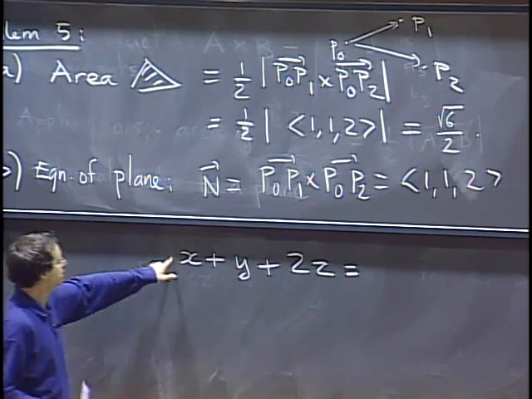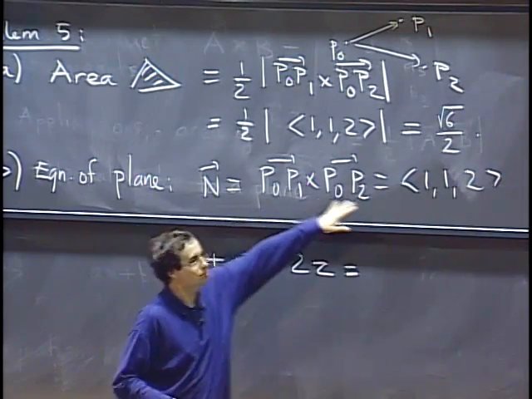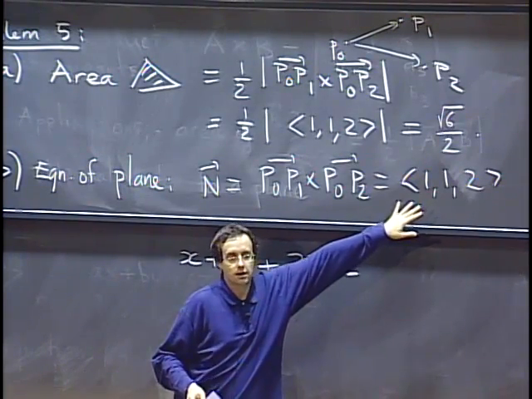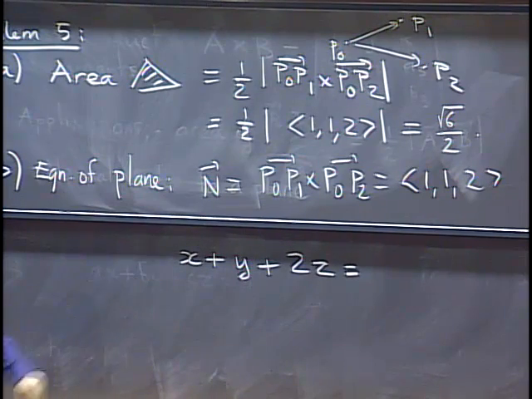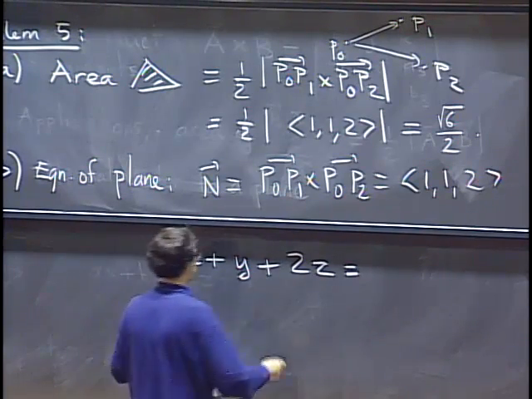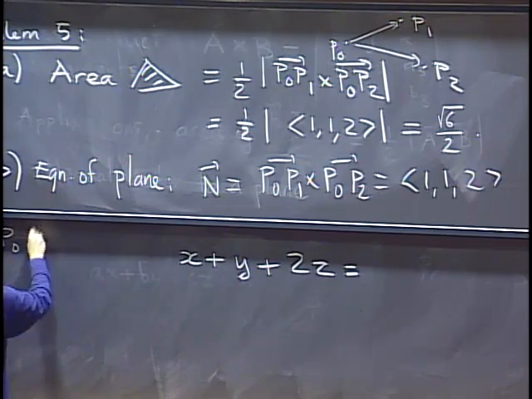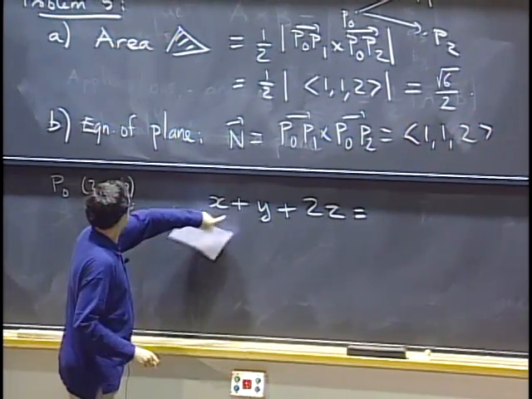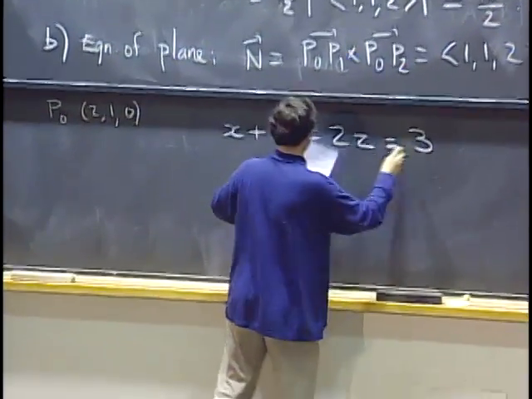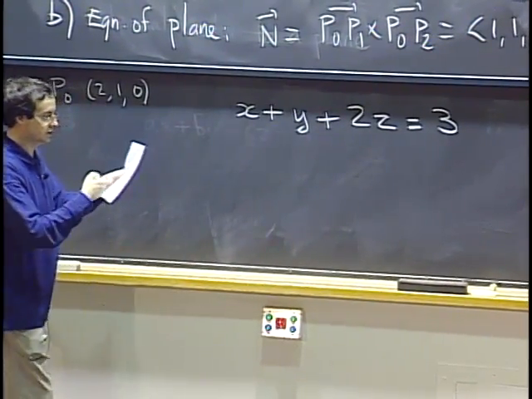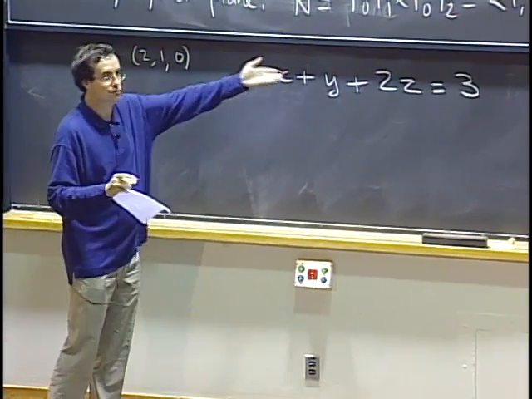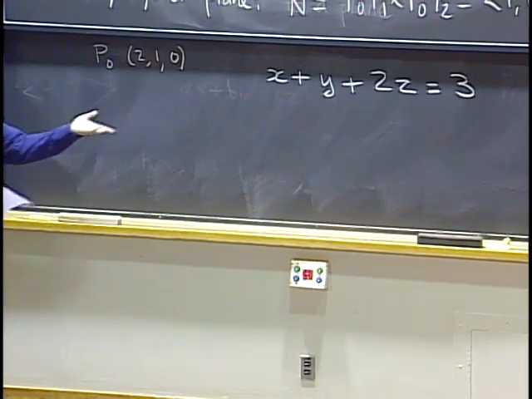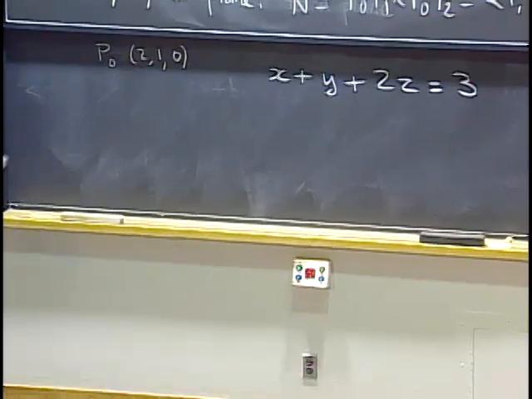The coefficients here come from the normal vector. To find what goes on the right-hand side, we just plug in any of the points. So if we plug in P0, which is 2, 1, 0, then 2 plus 1 is 3. And if you want to double check your answer, you can take P1 and P2 and check that you also get 3. It's a good way to check your answer.